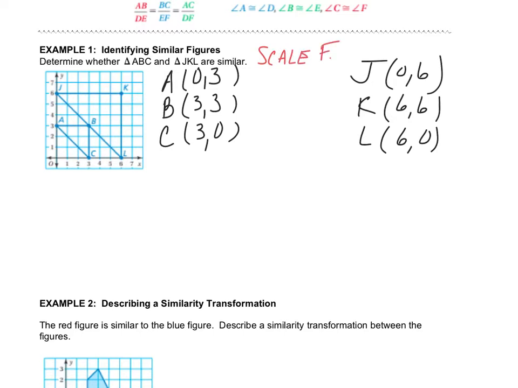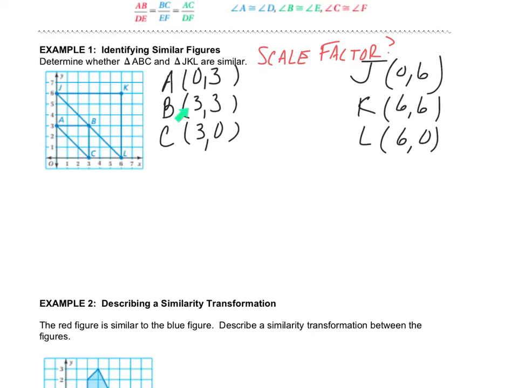And remember, with a scale factor, when we did the dilations, everything had to be multiplied by that same number over and over and over again for all the x's and all the y's. So 0 to become a 0. Well, that could be anything. So that would really not help me. 3 times 2 would get me the 6. So I want to keep that in mind.